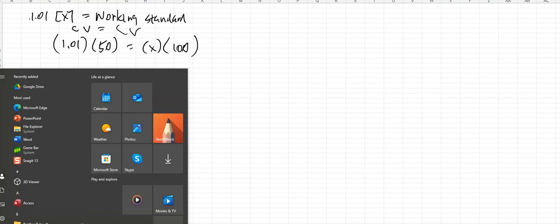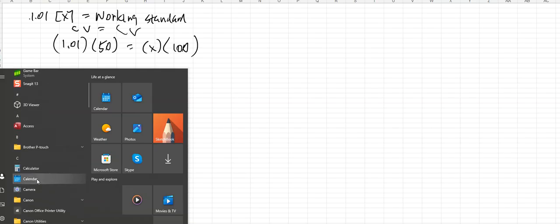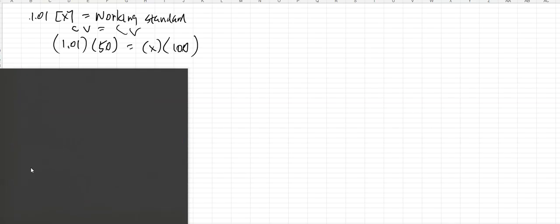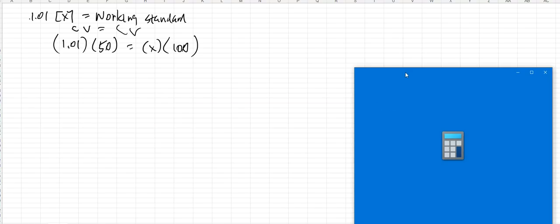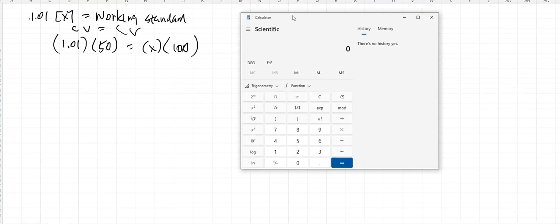So if I bring in our little calculator, and I'll just do this over on the side, I'm going to take 1.01 times 50, and then that's x times 100. So we got to do the opposite of, we got to divide, not multiply.